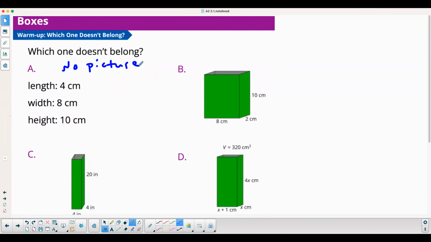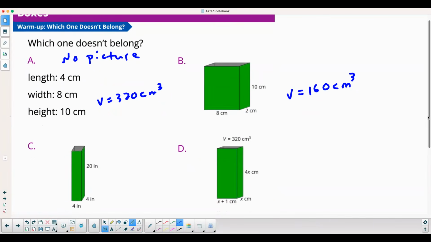So if you go ahead and multiply them all out, let's see here, 4 times 8 times 10. This one has a volume of 320. This one would be 10 times 2 times 8. This volume equals 160 cubic centimeters. This one here is 320 as well.